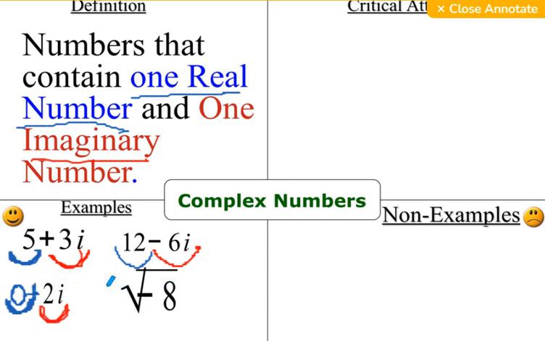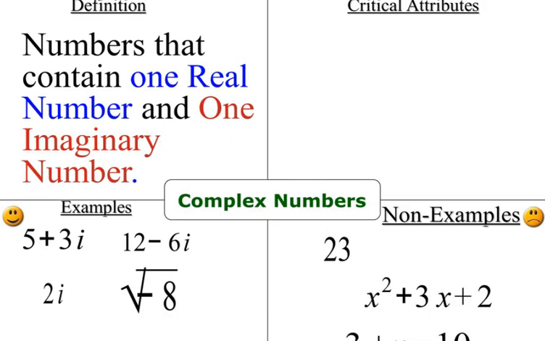Next, what do we get from a negative square root, everyone? An imaginary, but we're still missing a real number, so we just plus 0 as our real. Pretty straightforward, yes? No confusion? All right, copy the non-examples. 23, Michael Jordan. X squared plus 3x plus 2, and negative 3 plus x equals 10.